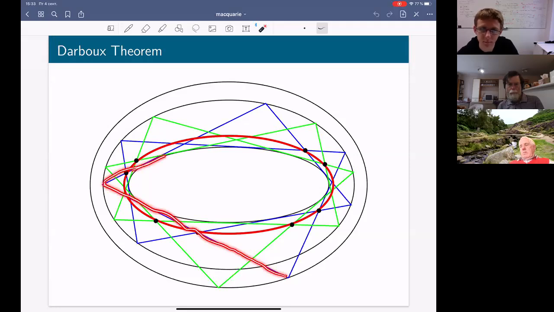Then we have the second, the third, and the fourth side. Okay, so this point is the intersection of the first and of the fourth side of this blue polygon. Then the next point is the intersection of the second and of the fifth side of the same polygon. This one is the intersection of the third and of the sixth side of the polygon. And by Darboux's theorem, we have this point here as well.